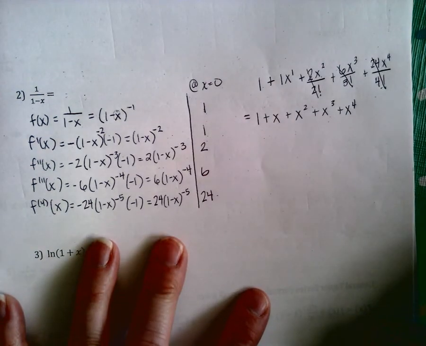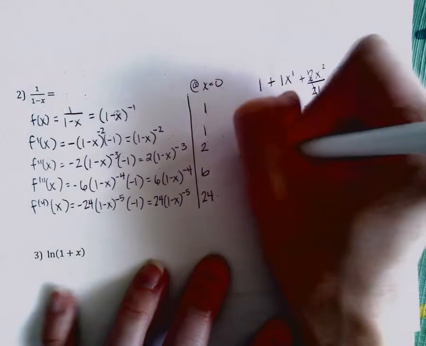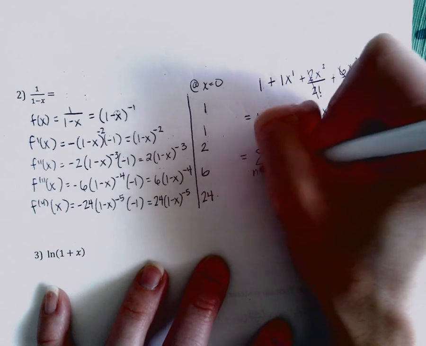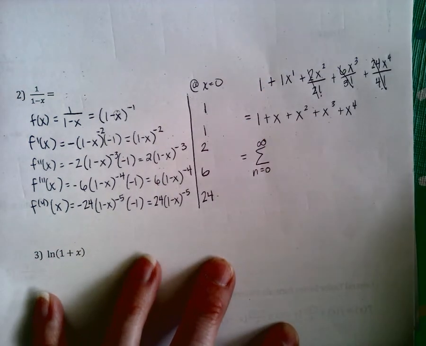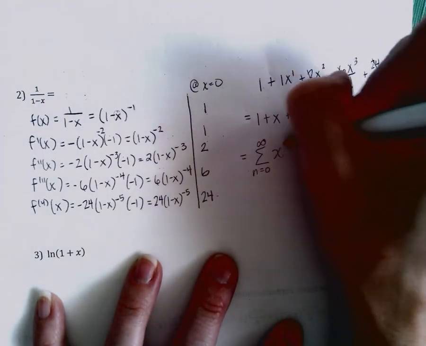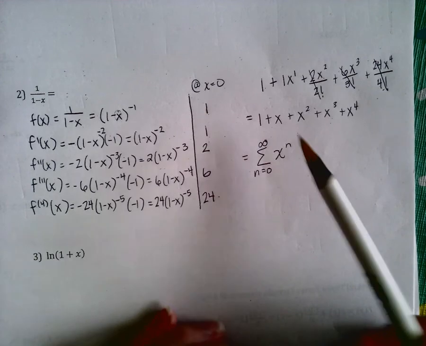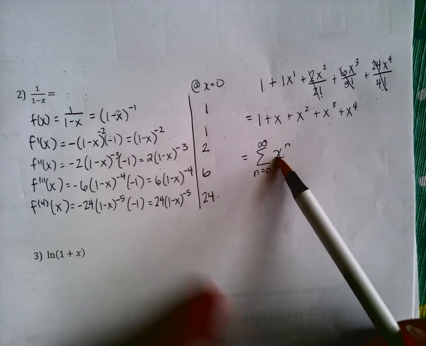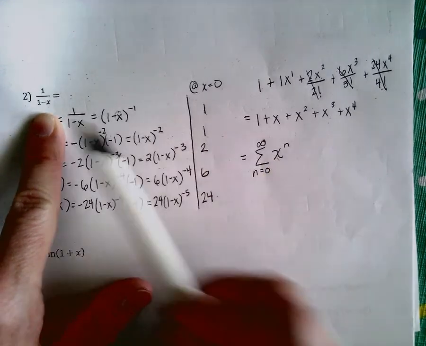Okay, so if we want to write that in sigma notation, the sum from n equals 0 to infinity, it would just be x to the n. And if you go back to the beginning of your notes, you'll see that I told you that the power series x to the n should converge to 1 over 1 minus x because it's a geometric series. And look, there it is.